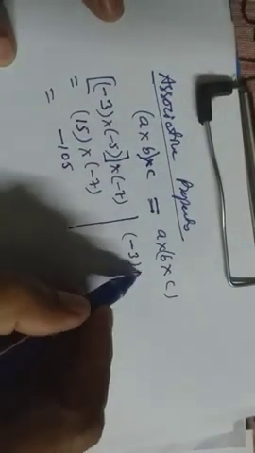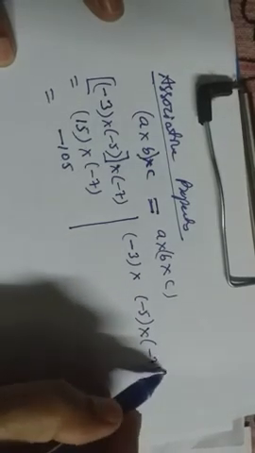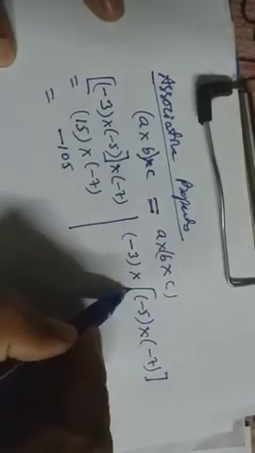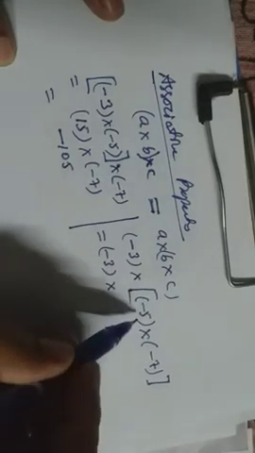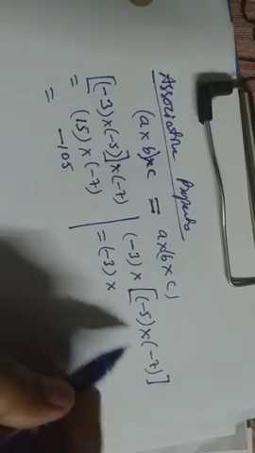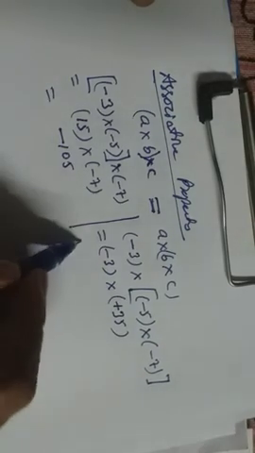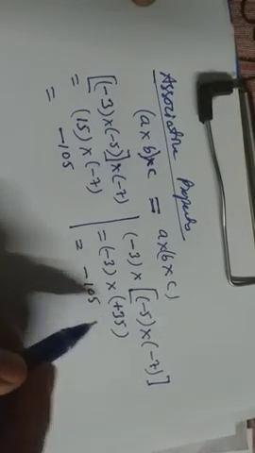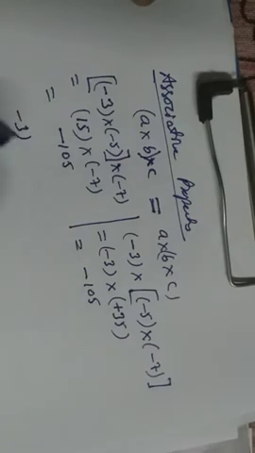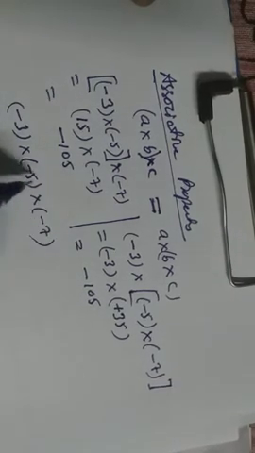Let us multiply minus 5 and minus 7 first, keeping minus 3 as it is. The product of minus 5 and minus 7 is plus 35. And the product of minus 3 into plus 35 is minus 105.